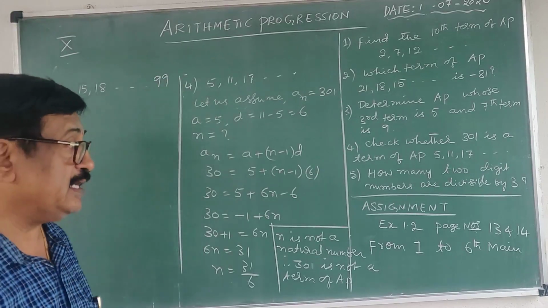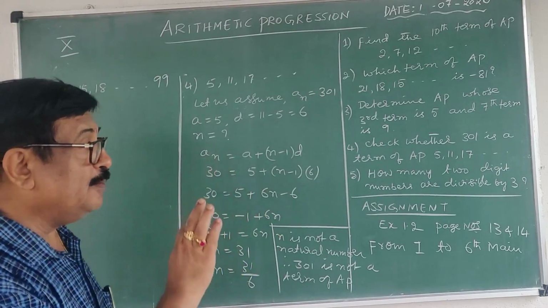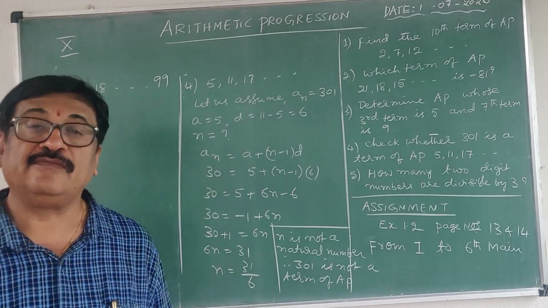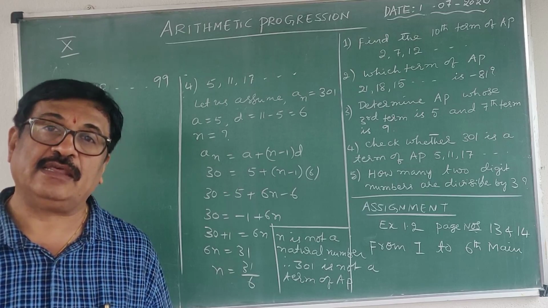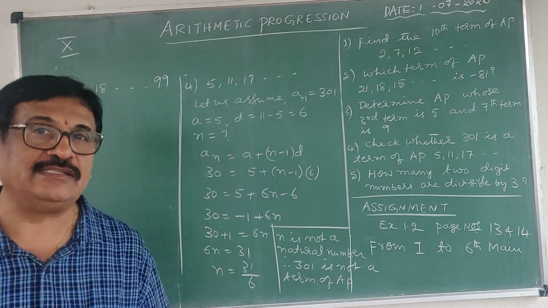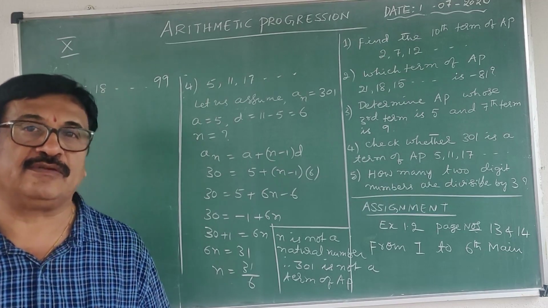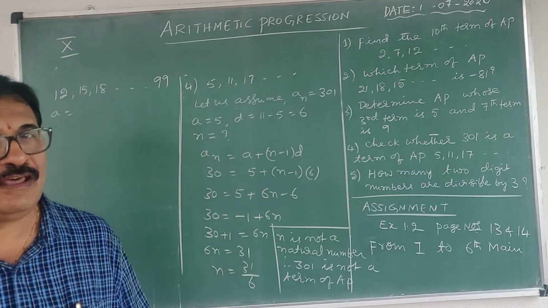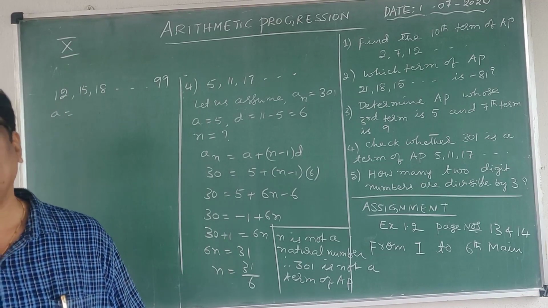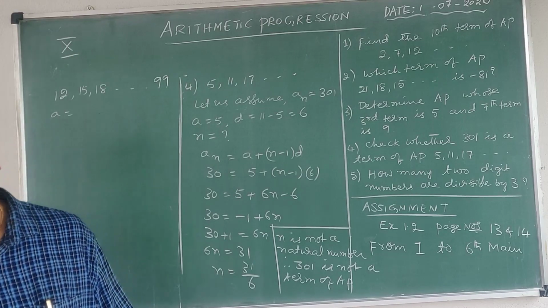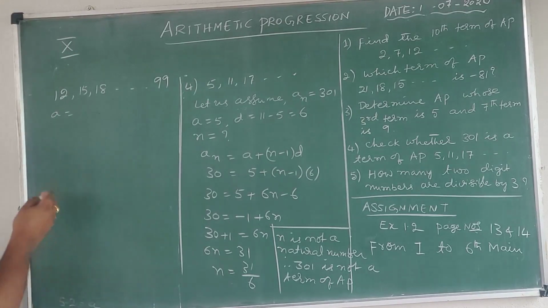The question is, how many 2-digit numbers are there which are divisible by 3? Starting from 10 up to 99. 100 is a 3-digit number. From 10 we need to consider, since 10 and 11 are not divisible by 3, right? So the first number divisible by 3 is 12, then it is 15, 18 and so on.